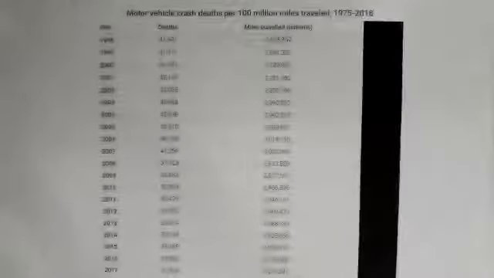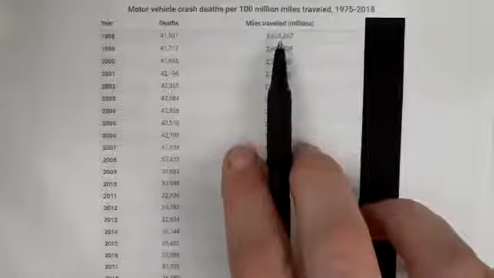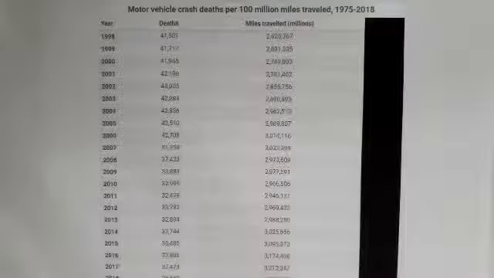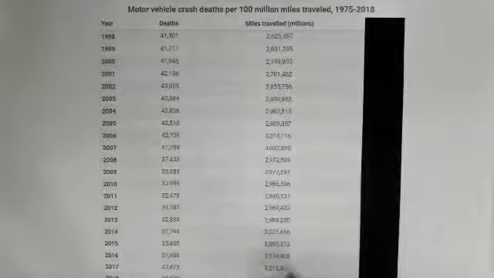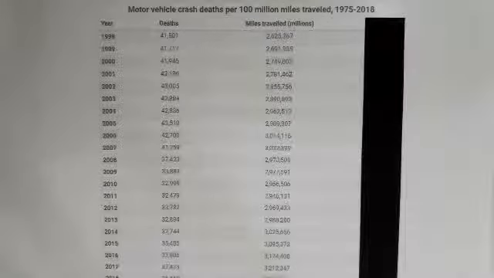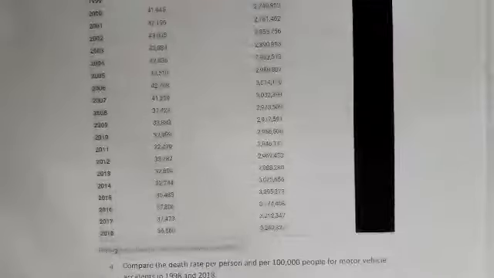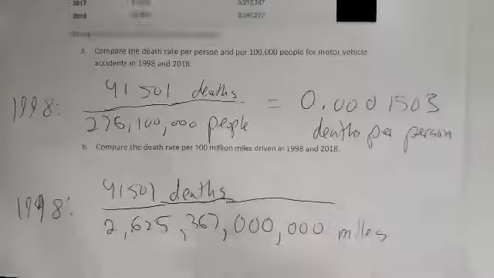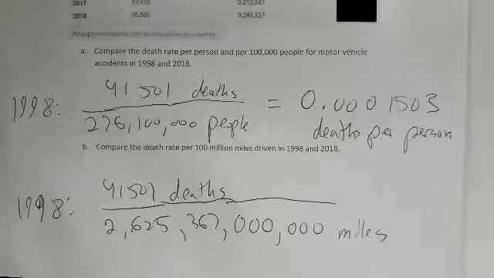The other way, if this isn't in millions and you want it in 100 millions, how would you make this into 100 millions? I'm not writing it in 100 millions, I'm writing it in deaths per mile right now.